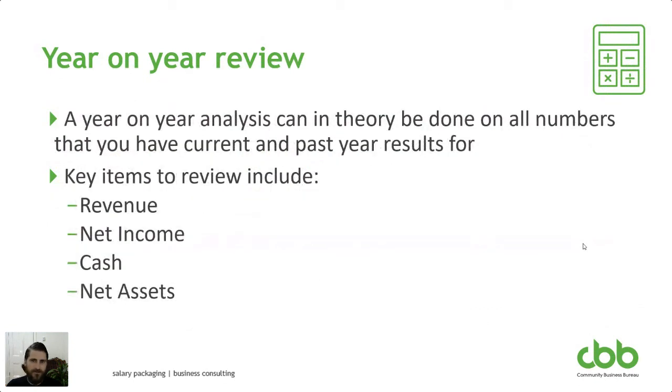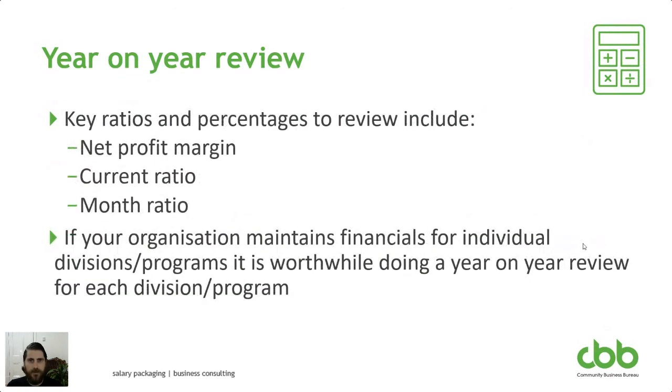So a year-on-year analysis can, in theory, be done on all the numbers that you have current and past year results for. However, key items to review include revenue, net income, cash, and net assets. The key ratios and percentages to review include your net profit margin, your current ratio, and your month ratio.